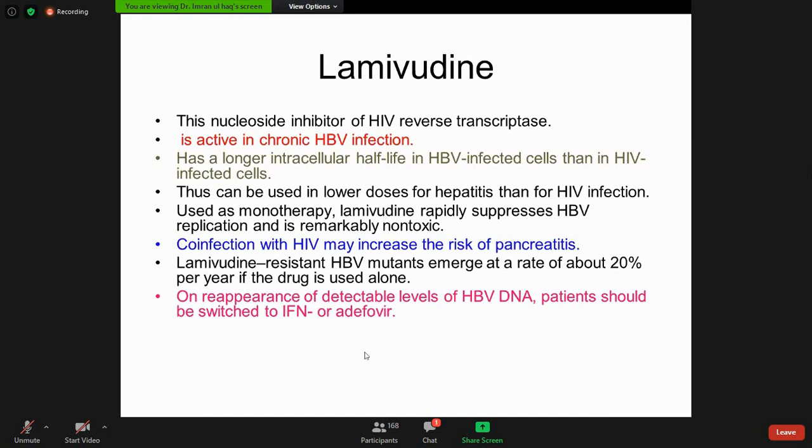Lamivudine resistant hepatitis B viral mutants emerge at a rate of about 20% per year if the drug is used alone. On reappearance of detectable levels of hepatitis B viral DNA, patients should be switched to interferon or adefovir.